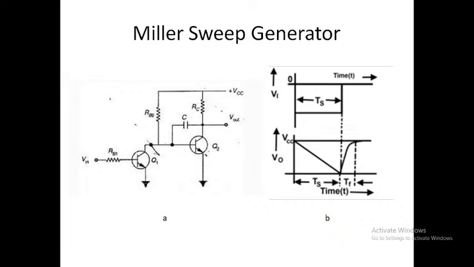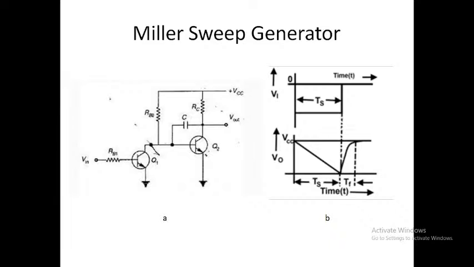Hence, Q1 turns off. When Q1 turns off, Q2 turns on. And as Q2 turns on, that is Q2 conducts, the output voltage begins to decrease towards 0.